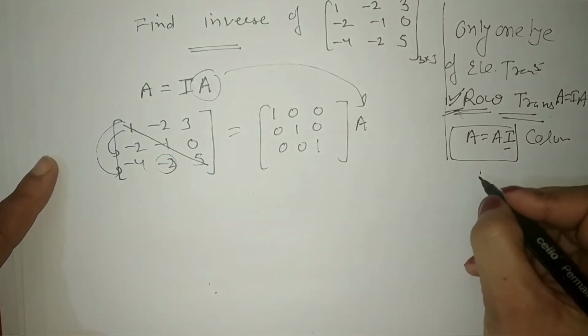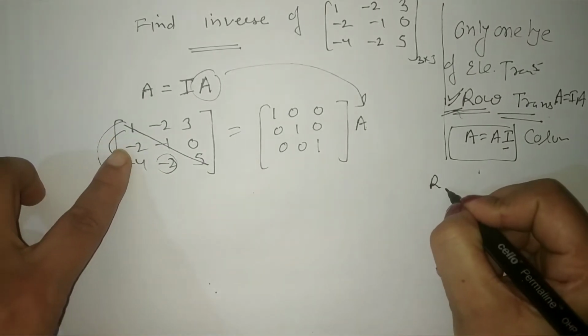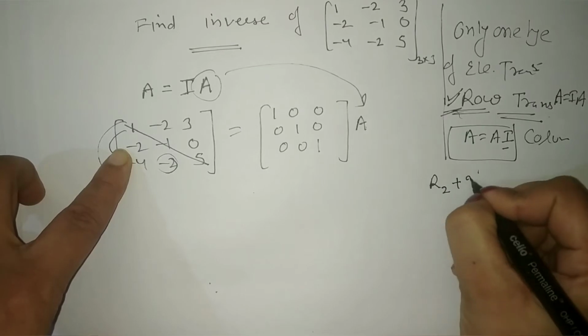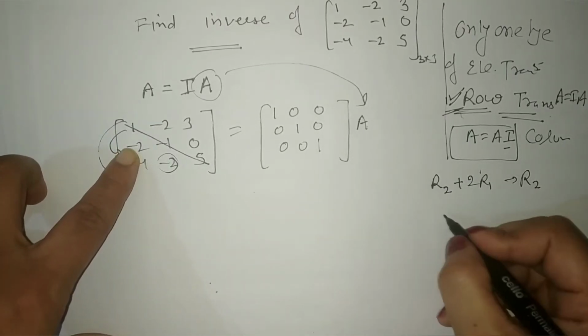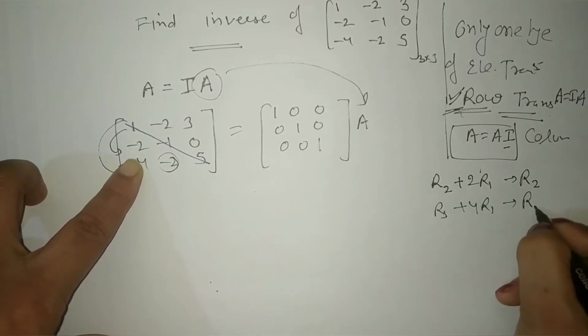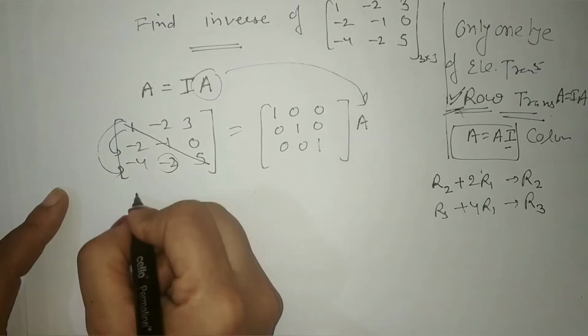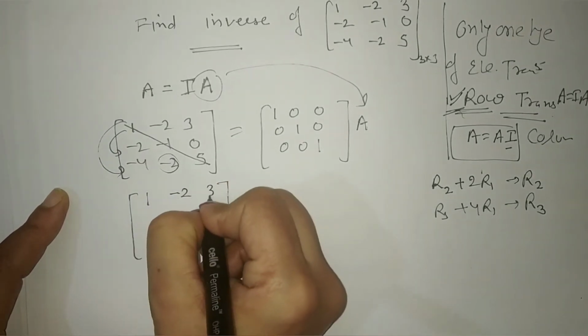So first of all, which two operations will be used here? Row 2 plus 2 into row 1 to make this element 0. Then row 3 plus 4 into row 1. First row as it is.